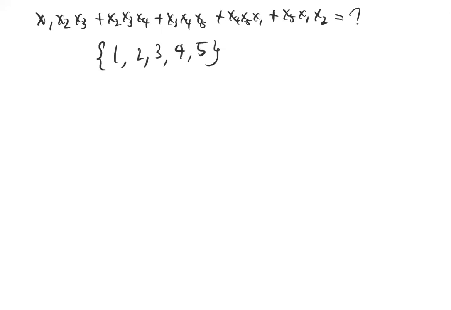What it's asking is how many permutations there are for each number corresponding to x1, x2, x3, and so on, so that the number we get at the end is divisible by 3.